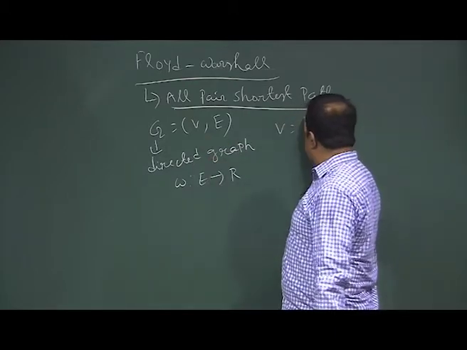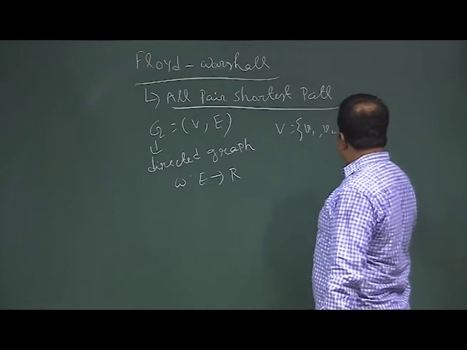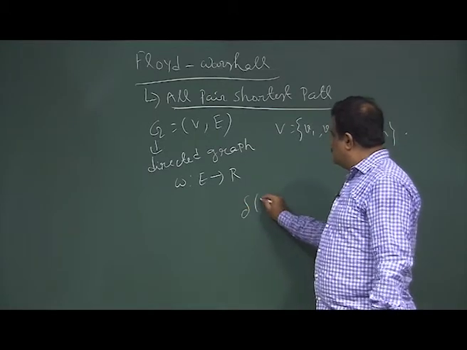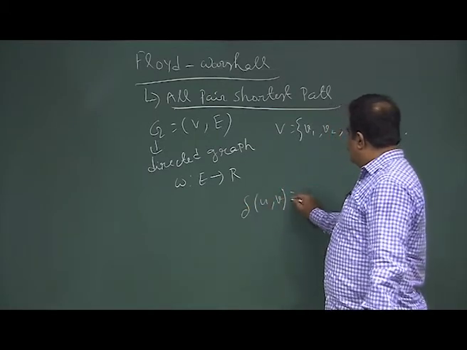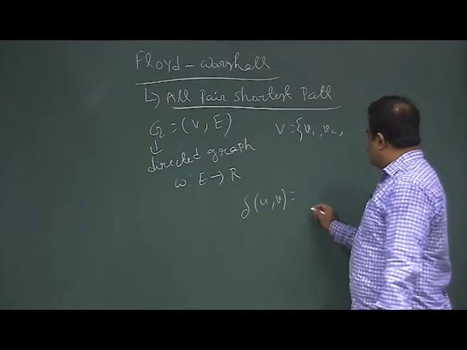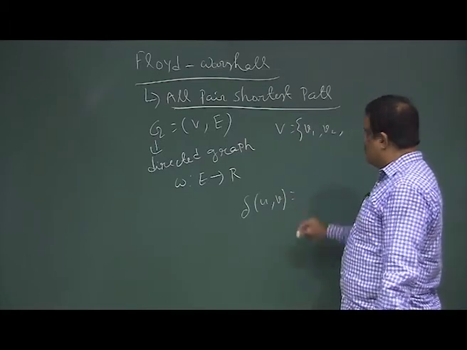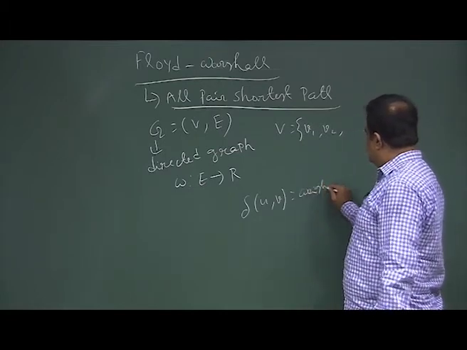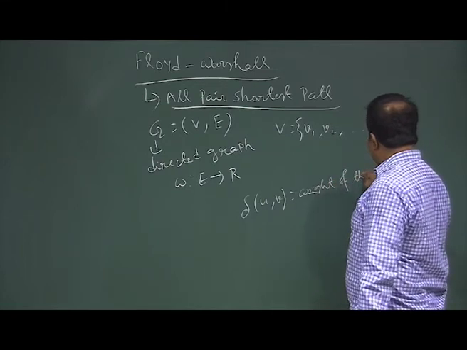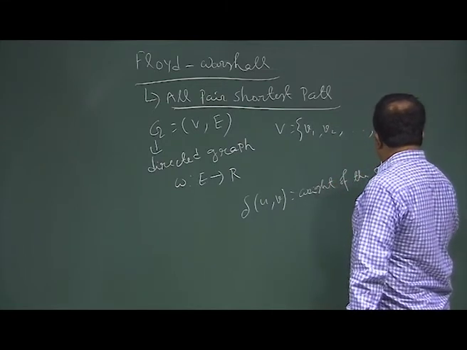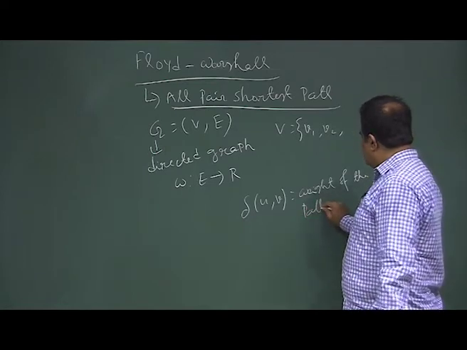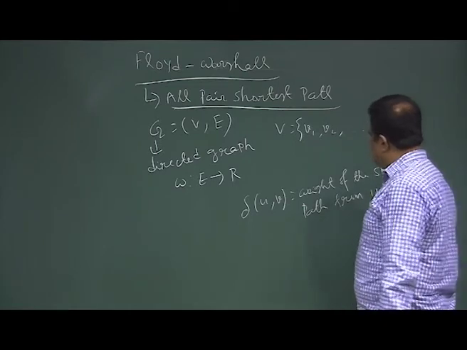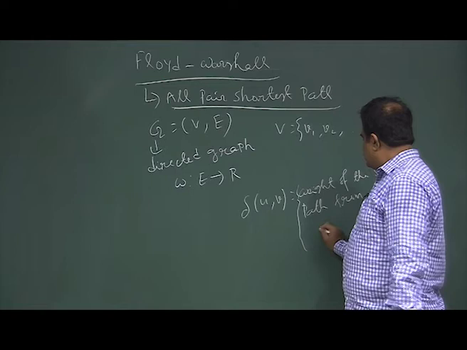So, suppose V is basically V1, V2, ..., Vn, and we denote delta(u, v) as the weight of the shortest path from u to v if it exists, otherwise it is infinity.